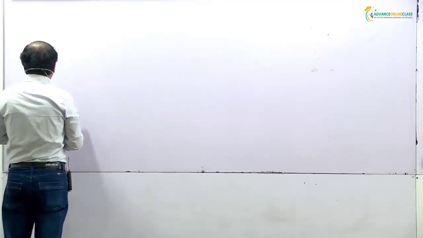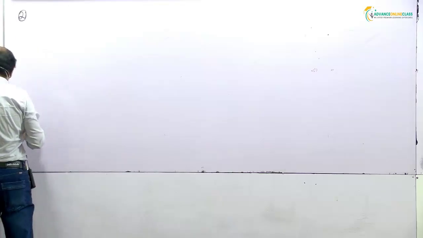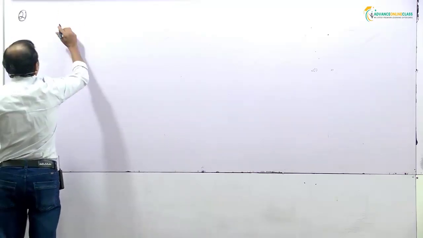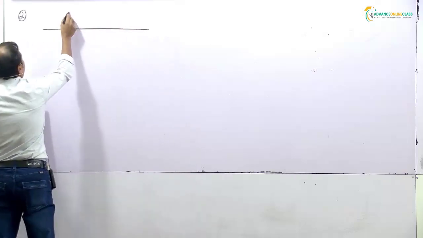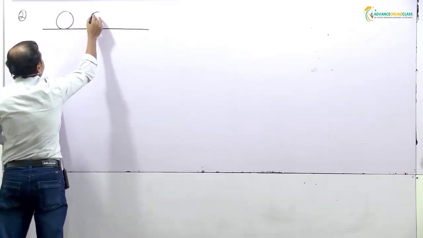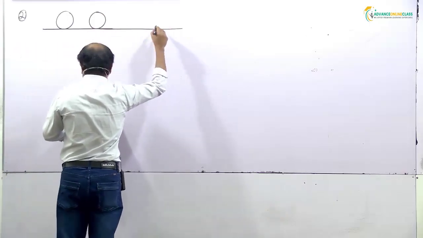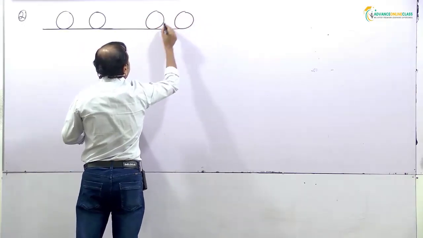Question number 2. A here, B here. After collision, I draw like this.